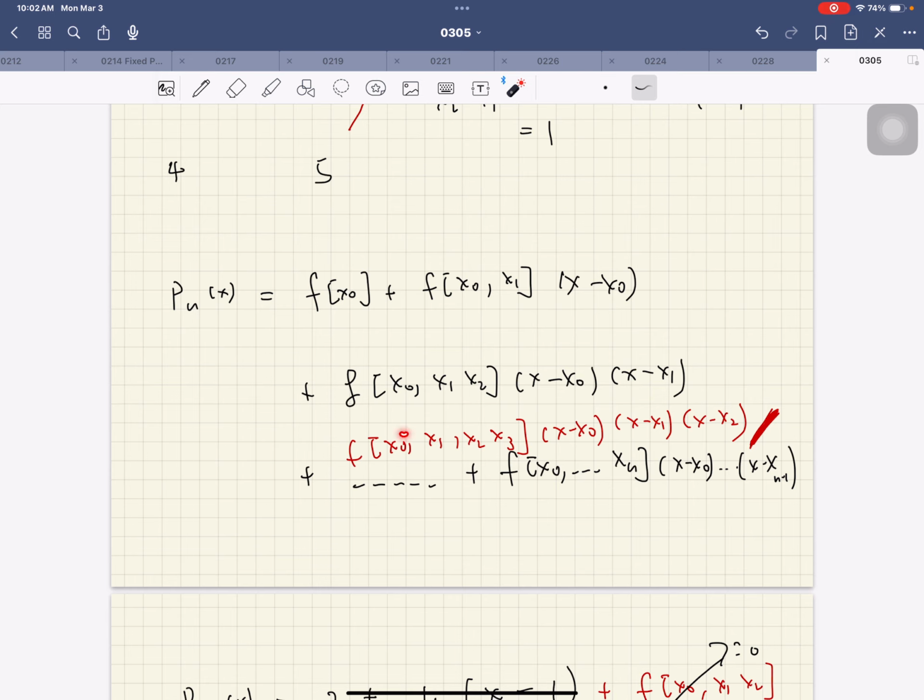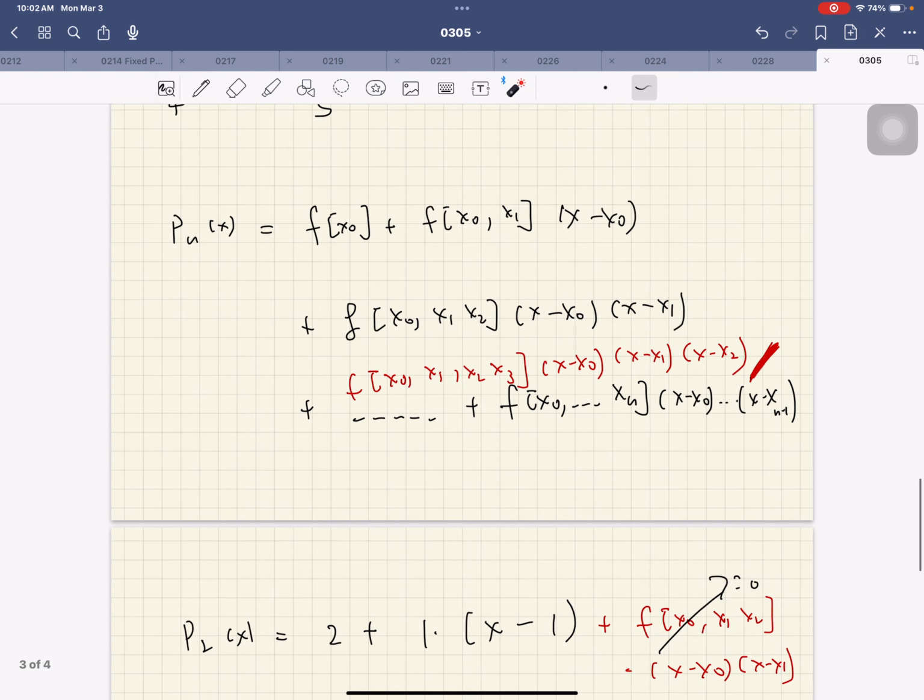But for this part, essentially, it's pretty much given. We just need to consider the divided difference. And this is defined recursively, so that means we need several other divided differences.